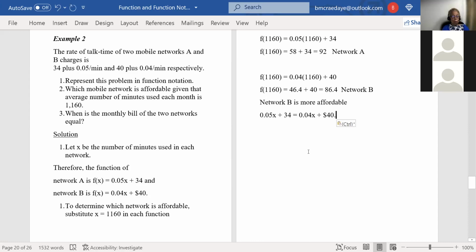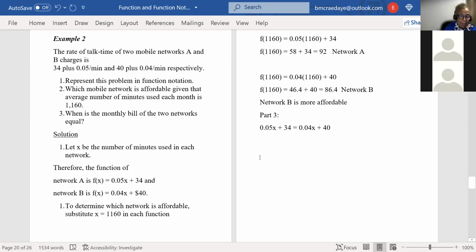Okay. So we're doing part 3 now. So you set them equal. Now solve this for x. How would you solve this for x, Latoya? How would you solve this equation for x? Subtract 34 on both sides.